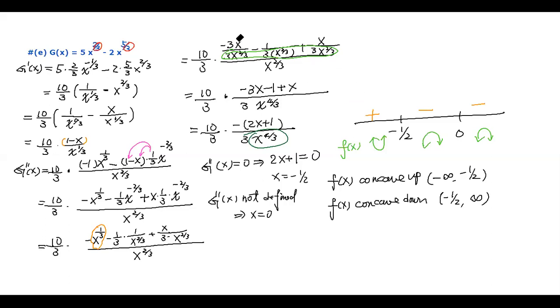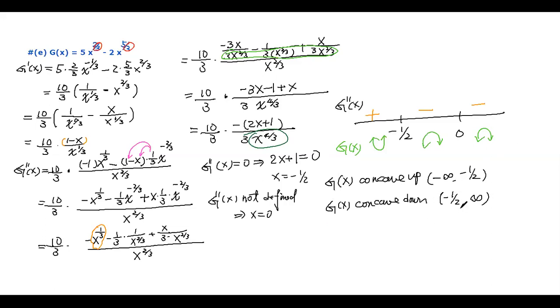So here this is g double prime of x, and instead of f of x, now this is g of x. Now I fixed it. Okay, that's good. So g of x is concave down, right?